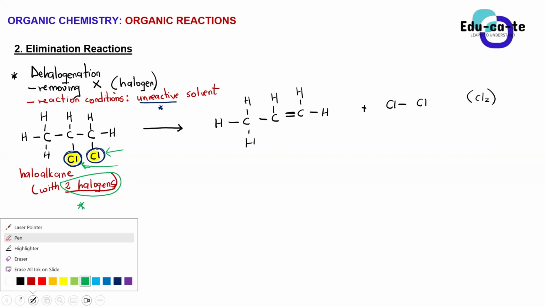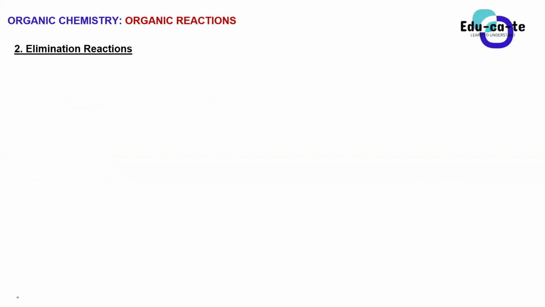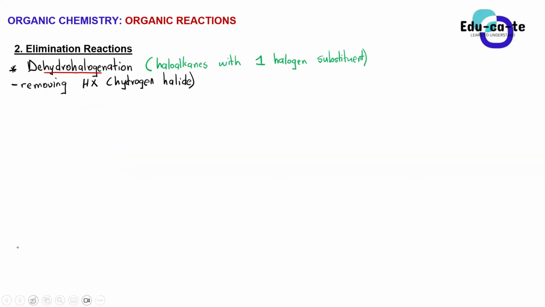But now, what if your haloalkane has only one halogen? What if your haloalkane is something like this? Maybe this is C, this is C, this is C, this is C, and then maybe we say that here we've got a Br, and then we put hydrogens on the rest of the carbons. Do you see now that this is a haloalkane?